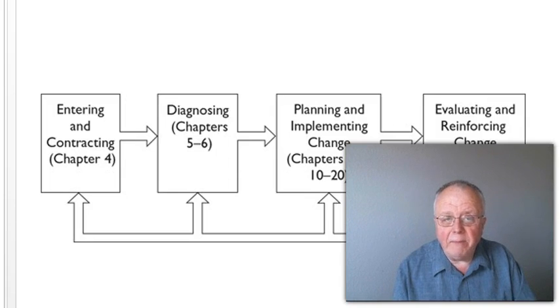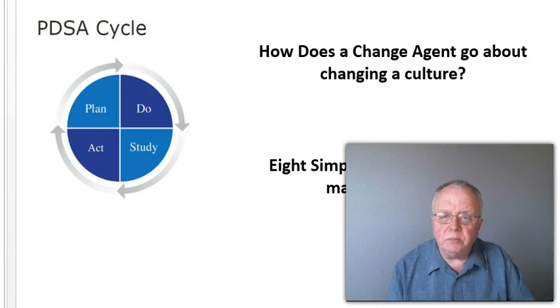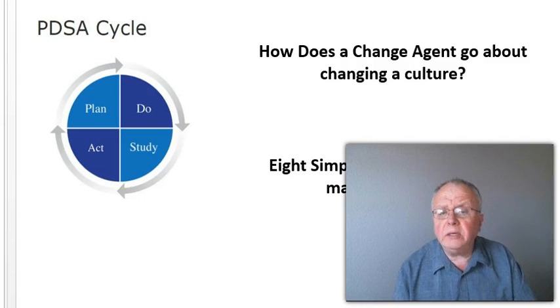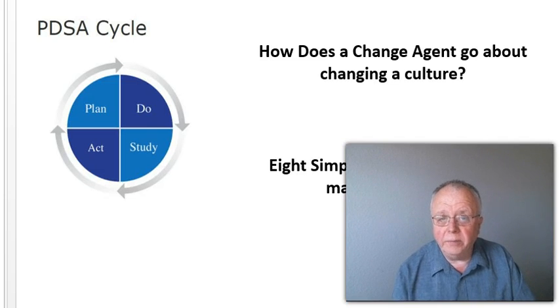So as we talk about managing change, I'd like you to just think about this chart. You may have seen this before, and ask the question, how does a change agent, that's you, if you're working in a factory, in a business, sometimes you even do this on a personal level, go about changing a culture? The place you work has a culture about it, a factory, a store, a business.